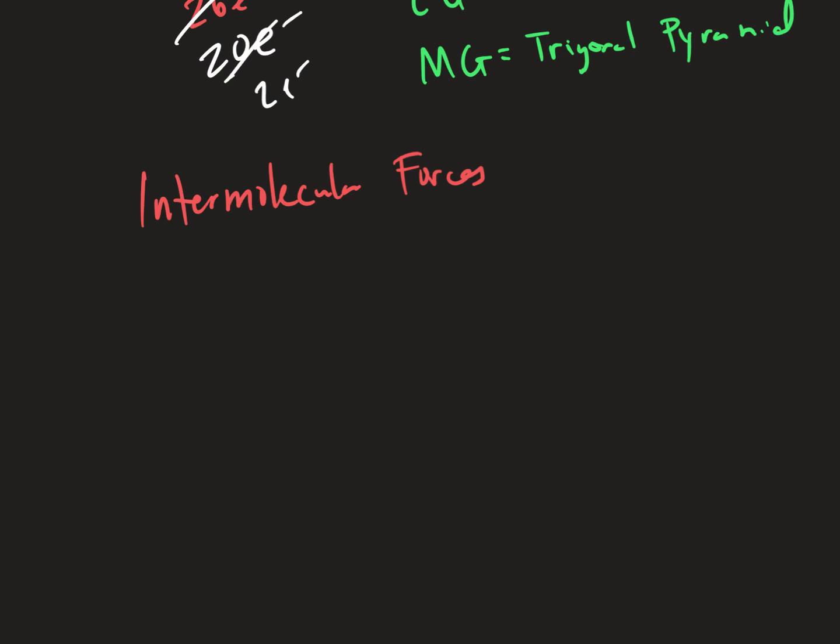London dispersion, what's the strongest? Hydrogen bonding is the strongest intermolecular force for covalent compounds. If it's an ionic compound, what do we call it? Ion, right? Those are the 4. So it goes ion, hydrogen bonding, dipole, and London. London dispersion. Yep. Okay.